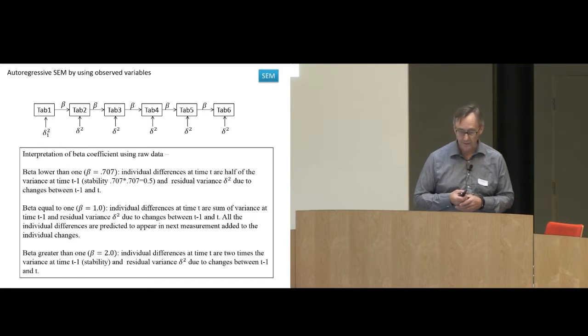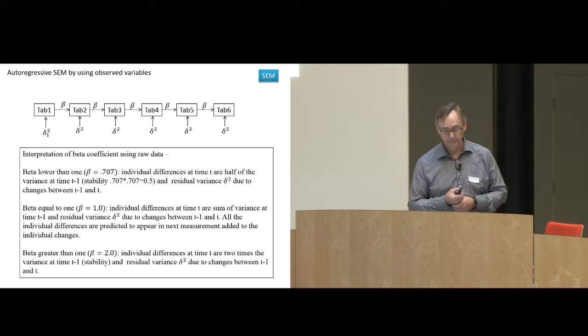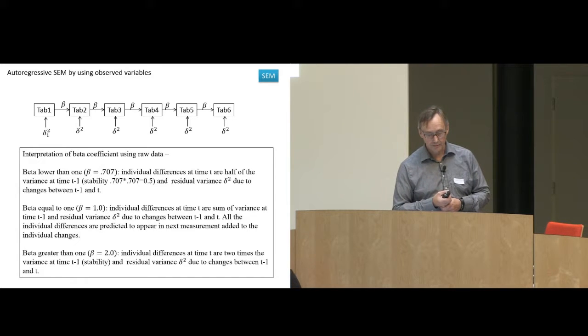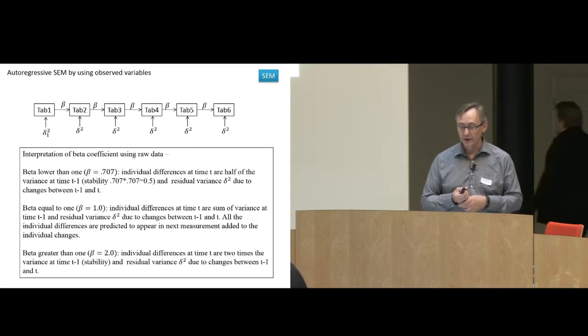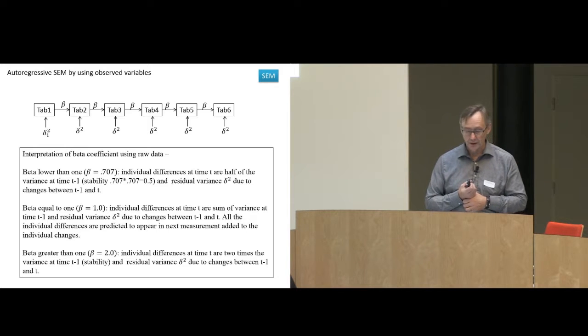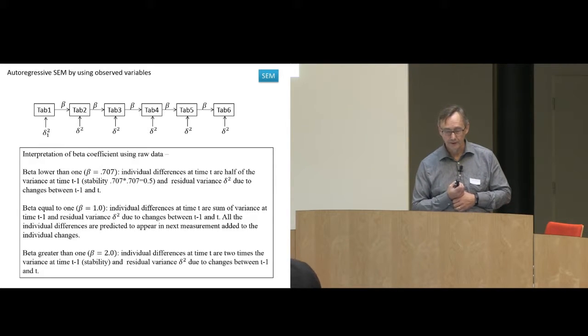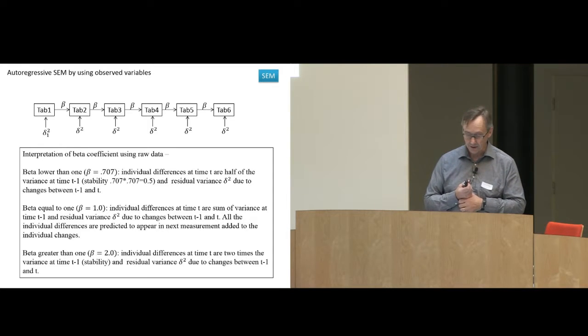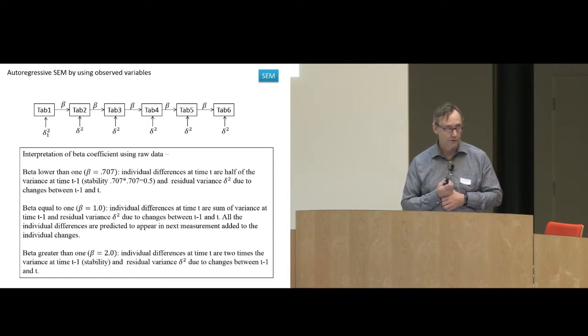If we have a beta coefficient using raw data and it's lower than 1, individual differences at time t are, for example, when beta is 0.707, half of the variance at time t minus 1, and residual variance due to changes between successive times. When beta is equal to 1, individual differences at time t are the sum of variances at time t minus 1 and residual variances due to changes between successive measurements.